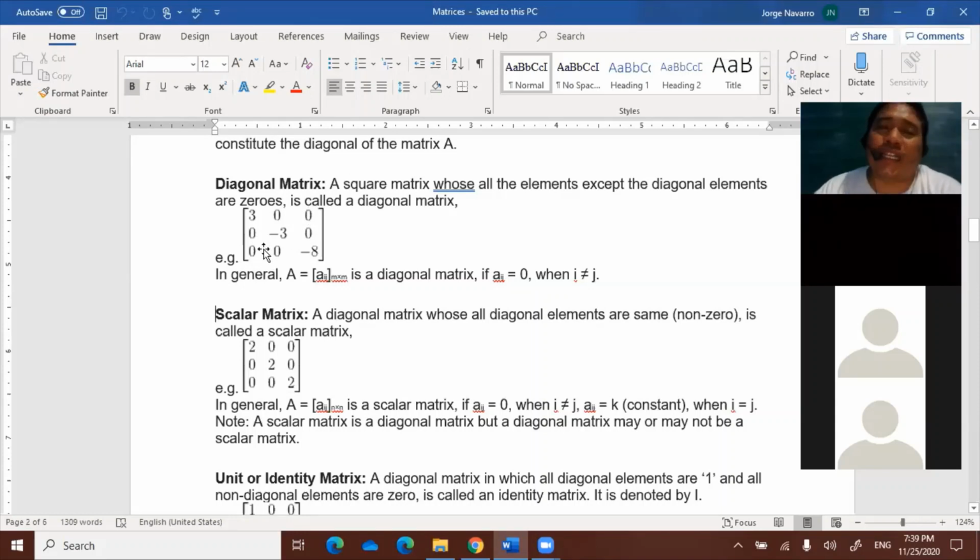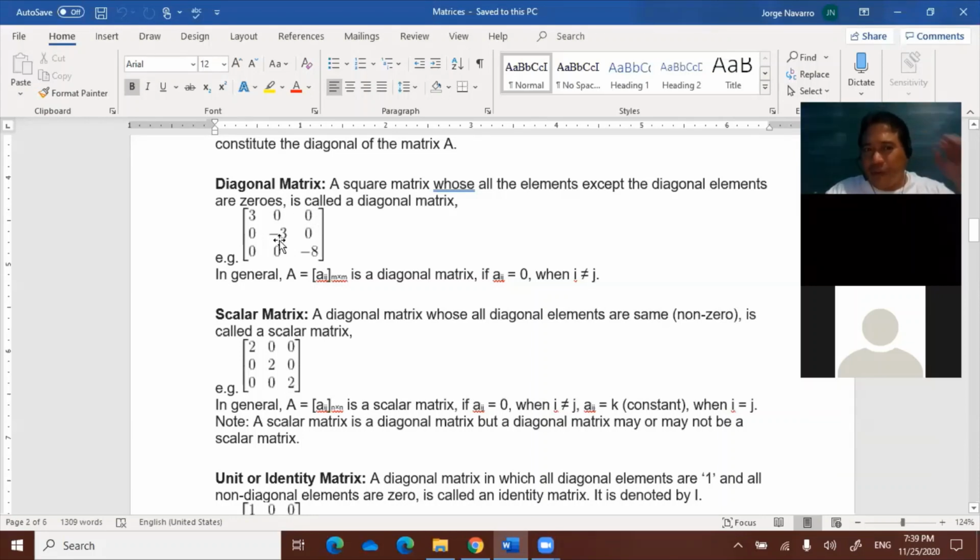Why it is not, because when we talk about diagonal in this case, we're talking about the leading diagonal, meaning the diagonal that starts on the top left and ends in the bottom right. That's what we mean by diagonal. It cannot go the other way around. It can't go this way.